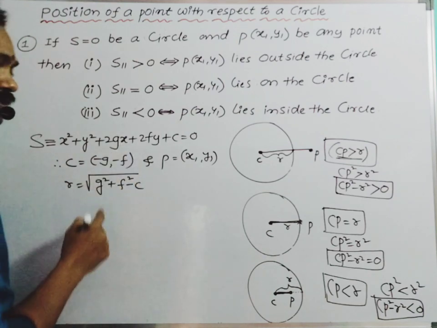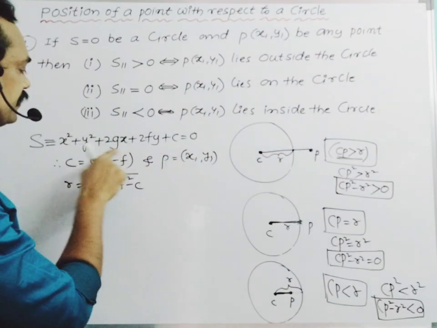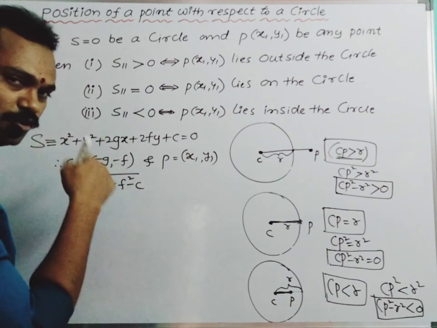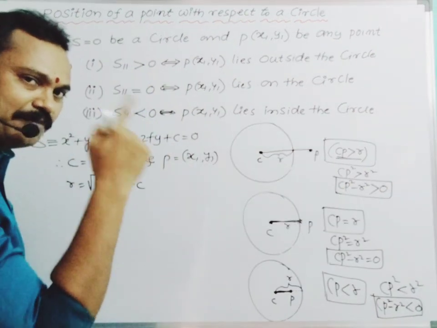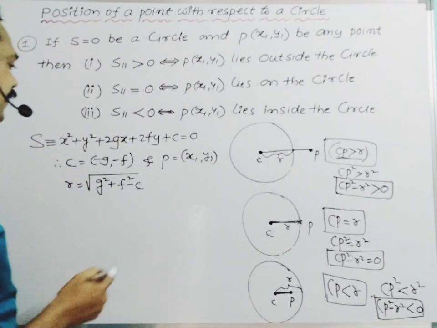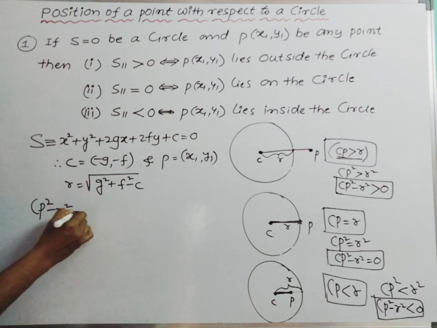I have discussed this in our previous sessions. If the general equation of a circle is given, then the center is (minus g, minus f) and the radius is root of g square plus f square minus c. Are you clear? Now we have to find CP square minus R square.